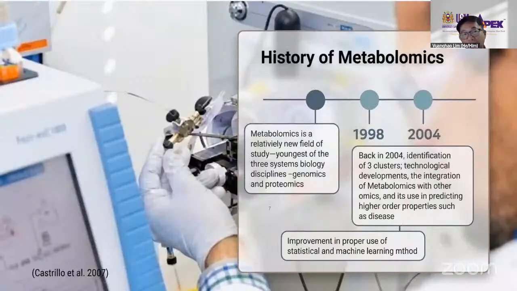Unlike genomics and transcriptomics, metabolomics directly reflects what is happening inside the cell at a given moment. Because these molecules are responsible for biological functions, analyzing them provides insights into nutritional value, medicinal value, stress responses, and disease mechanisms. Of course, this is particularly useful in medicinal plant research.